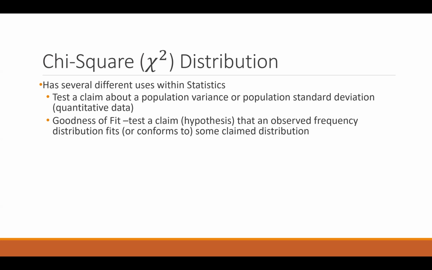We may want to say that everything is equally distributed, or we may want to say that each one has a certain percentage. And we'll talk about that when we get to goodness of fit. But again, we're taking an observed frequency distribution, and even more specifically, it's a categorical frequency distribution.